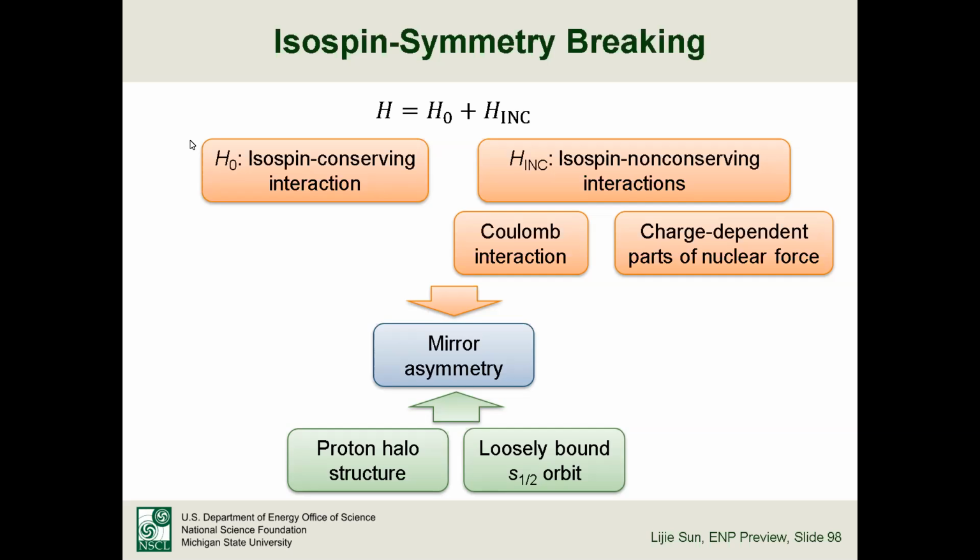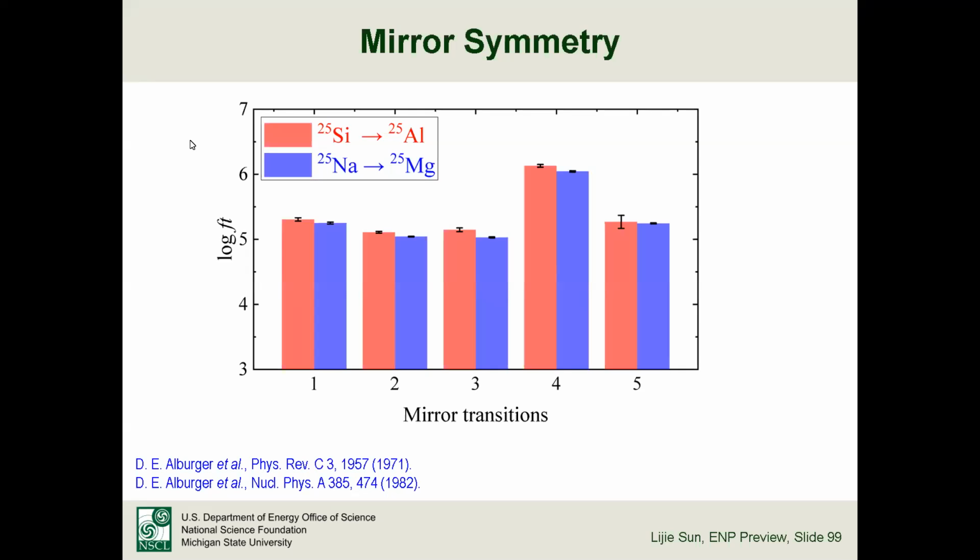And additionally, the connection between the large mirror asymmetry in beta-decay transitions and the proton halo structure might provide a complementary means to identify halo nuclei. So with this in mind, let's move back to our silicon-25.